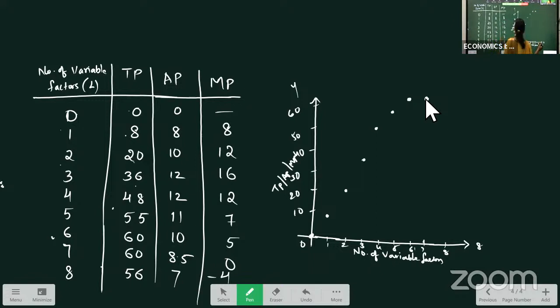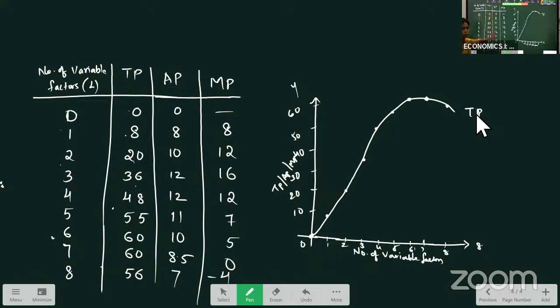Now 8 is 56. So if you join all these points, you will get the total product curve. This is the TP curve, right? So this way you will do TP.